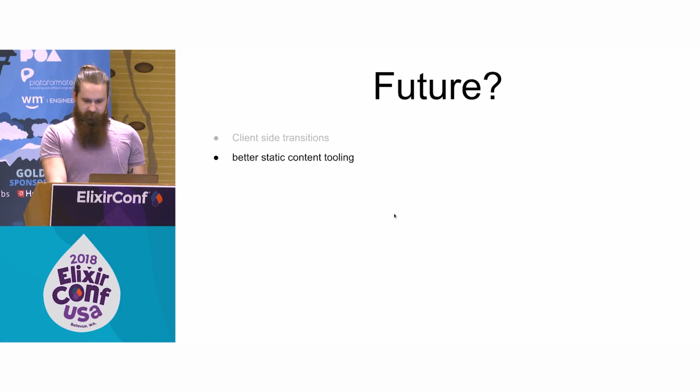Better static content tooling. Talking more about view-first development and putting more emphasis on building prototypes in HTML and CSS, I would like to see more interesting tooling around being able to show this prototype view over here, and then here's the actual view that we're working on with dynamic content. Show them side by side, have different servers, whatever, just to make it easier to have a reference point of the actual HTML and CSS rather than maybe just some page.